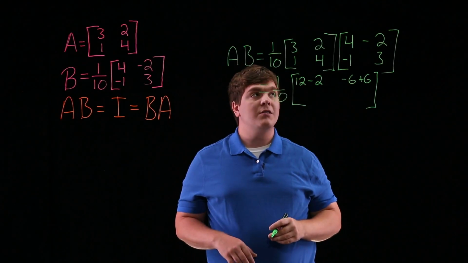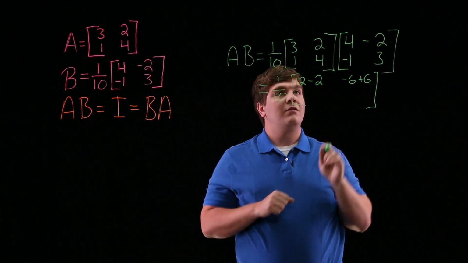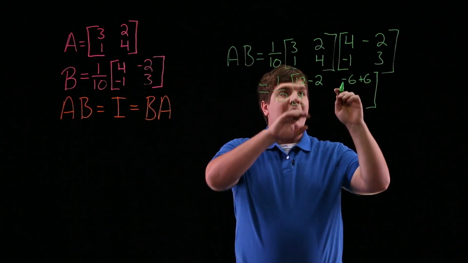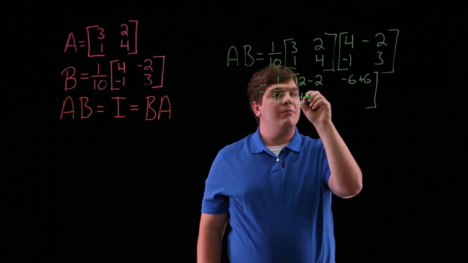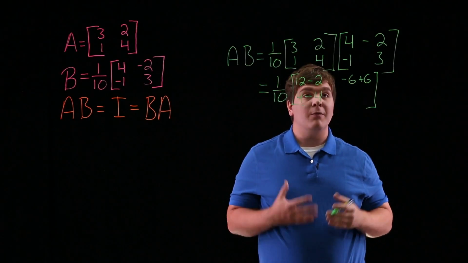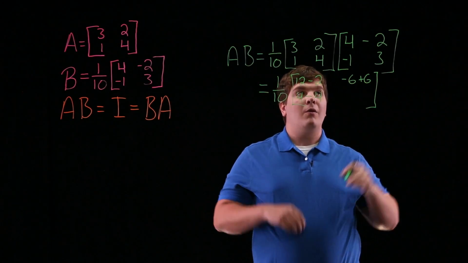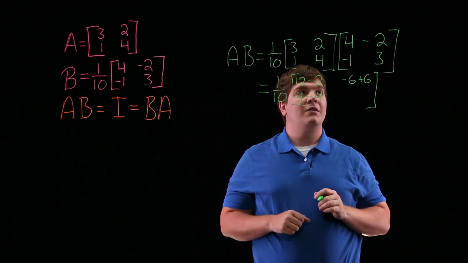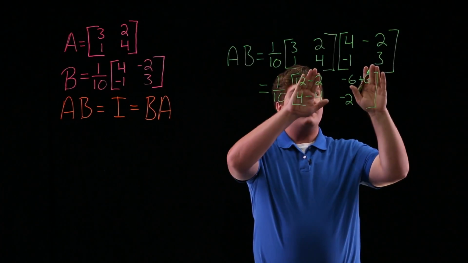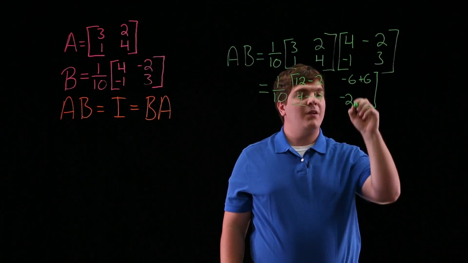In the second row, first column, we'll have 1 times 4, which is 4, and we'll be adding 4 times -1, or subtracting 4. And finally, in the second row, second column, we'll have -2 times 1, which is -2, plus 4 times 3, which is 12.